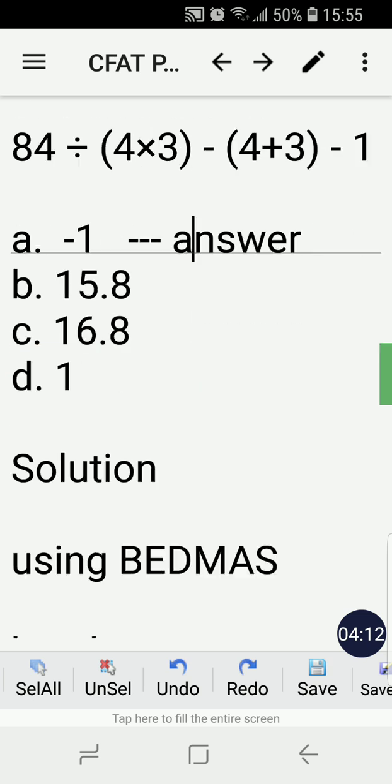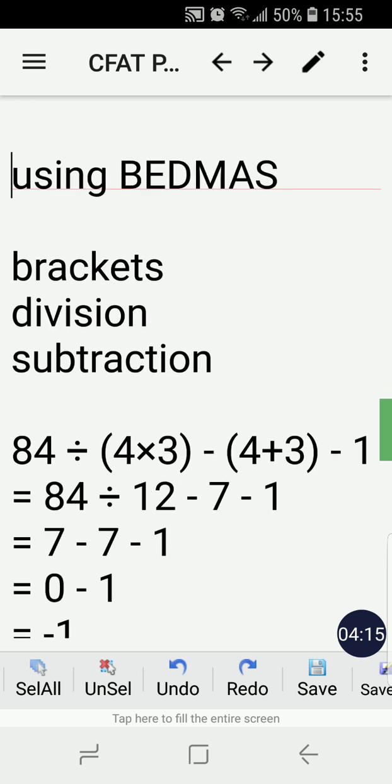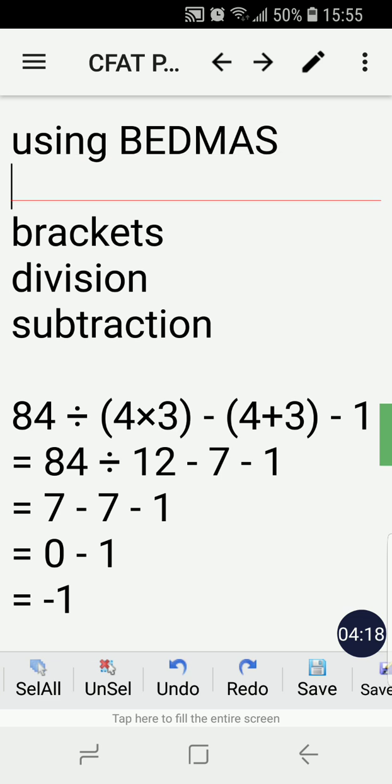Solution. Using BEDMAS again for the order of operations, we got brackets, division, and subtraction. The ones we have in brackets are 4 times 3 and 4 plus 3. So we do them first because they're in brackets. 4 times 3 is equal to 12, and then 4 plus 3 is equal to 7.